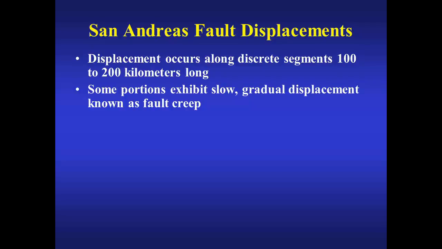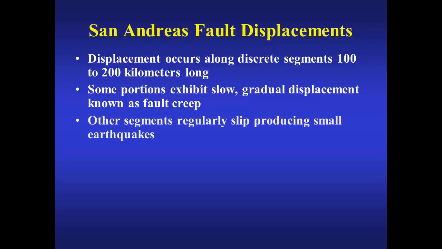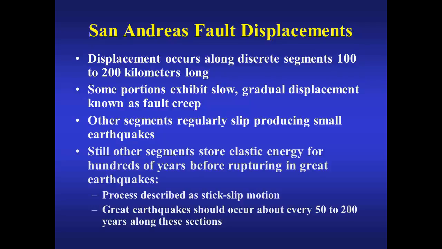Some portions exhibit slow, gradual displacement, which is known as fault creep. Other segments regularly slip, producing small earthquakes, and there are even still larger segments that are storing elastic energy for hundreds of years. And eventually, when these segments slip, they're going to rupture into these great earthquakes.